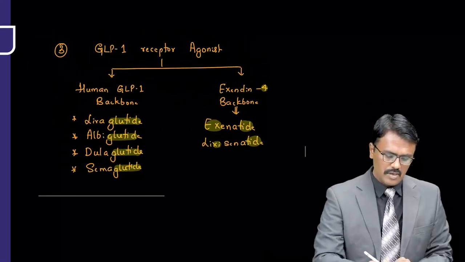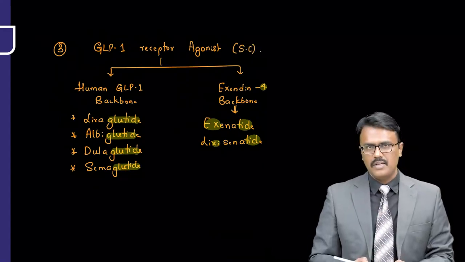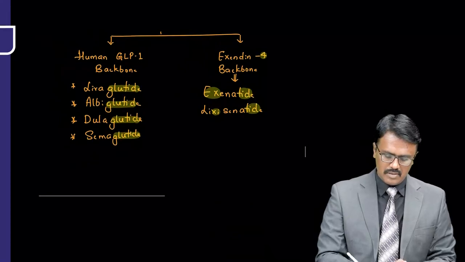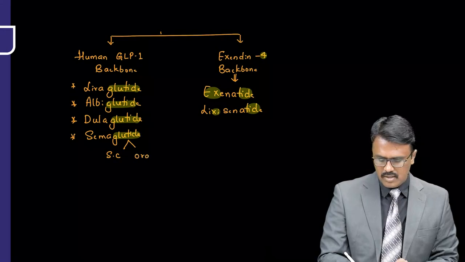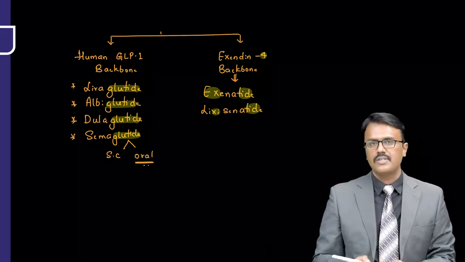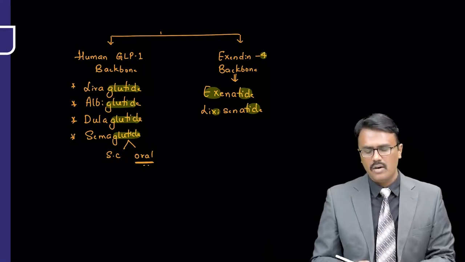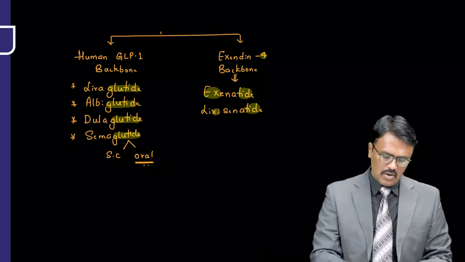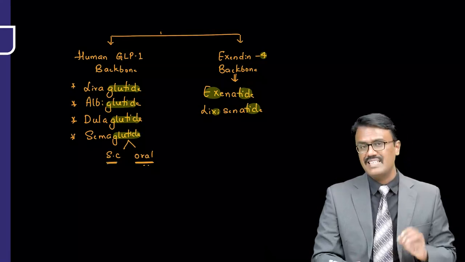All these GLP-1 receptor agonists are given subcutaneously. But remember, semaglutide is recently approved to be given both subcutaneously as well as orally. So next exams will be based on this, whether it is oral or subcutaneous. All others are given subcutaneously. The drug which can be given both is semaglutide.